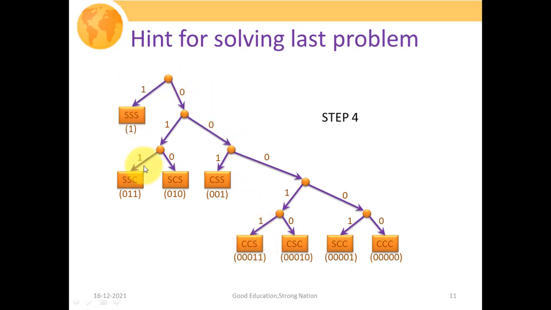If you closely observe this particular tree, this is the topmost branch and the symbol is SSS. So the code associated with SSS is equal to 1. Similarly, when you have to evaluate the code associated with the symbol SSC, we just have to start from the top, from where it has been originated.